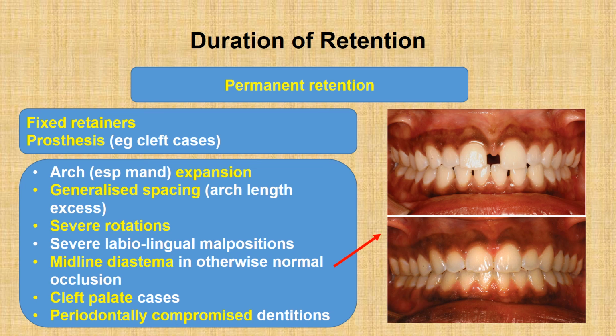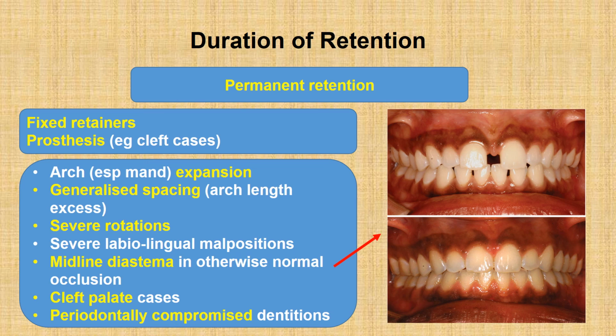Permanent retention. Permanent retentions are usually provided with a fixed retainer or by using a prosthesis, for example in cleft cases. Now, this is usually done where arch expansion has been carried out, especially mandibular arch expansion, and where there is generalized spacing due to arch length excess in comparison to tooth material, permanent retention will be required.